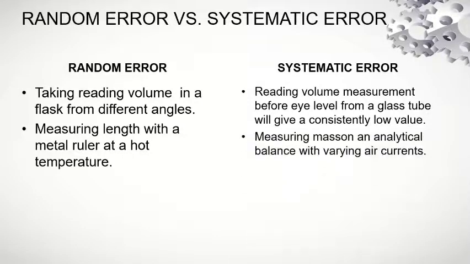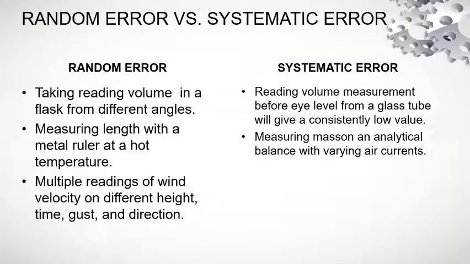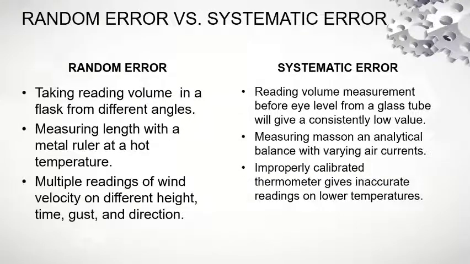While in systematic error, measuring mass on an analytical balance with varying air currents. Random error has multiple readings of wind velocity at different height, time, gust, and direction. Next, in systematic error, an improperly calibrated thermometer gives inaccurate readings at lower temperature.